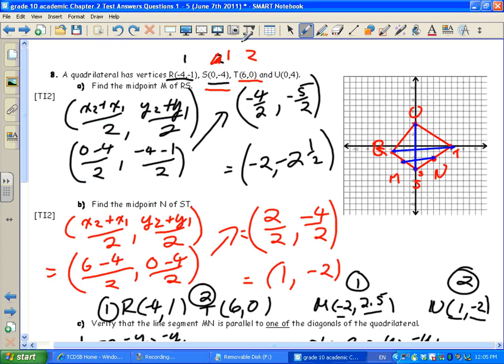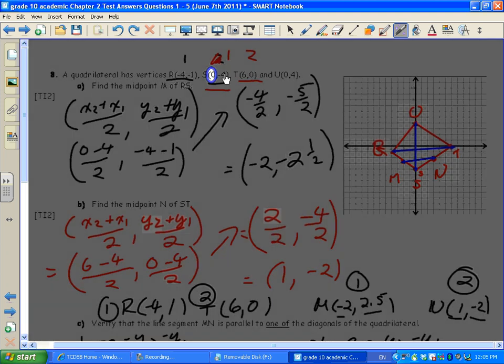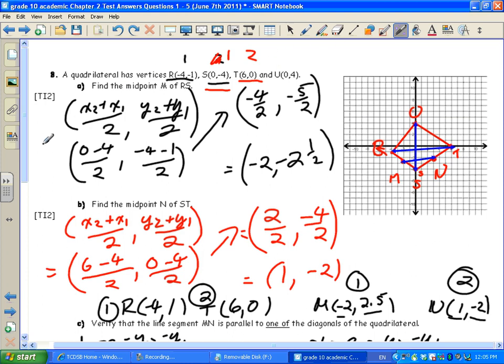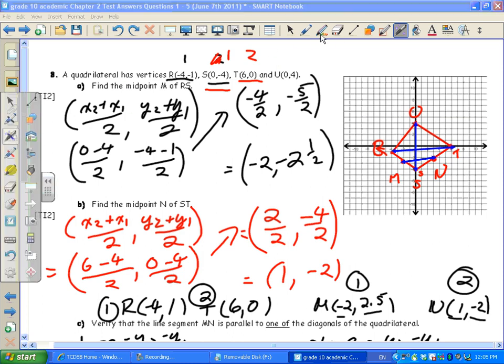Oh, we made a little error here, guys. This midpoint is supposed to be ST. I plugged in the wrong numbers, it looks like. I had 6 minus 4 here. It should actually say 6 minus S. 0. Our x-coordinate is 0 there, not 4. That's where we made our little error. So we'll quickly go back and fix this.